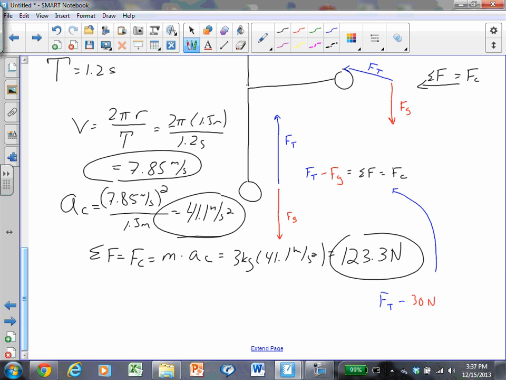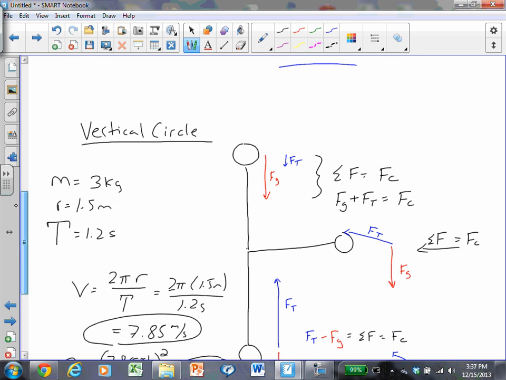That would equal Fc, which is 123.3 newtons. So Ft would be 123.3 plus 30, 153.3 newtons. So the tension down at the bottom is 153.3 newtons.